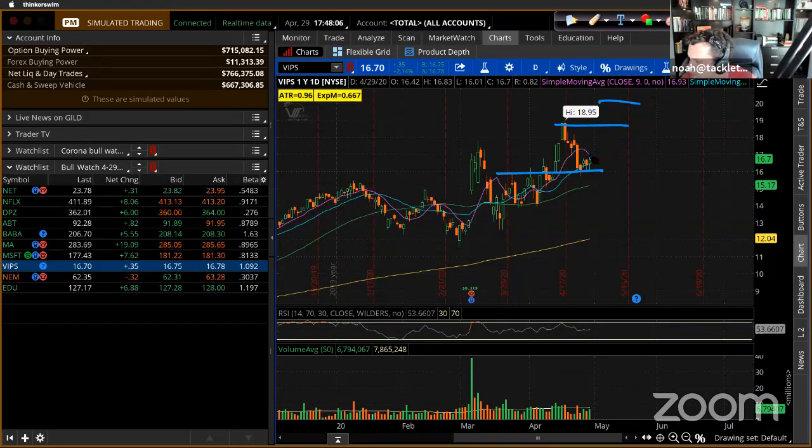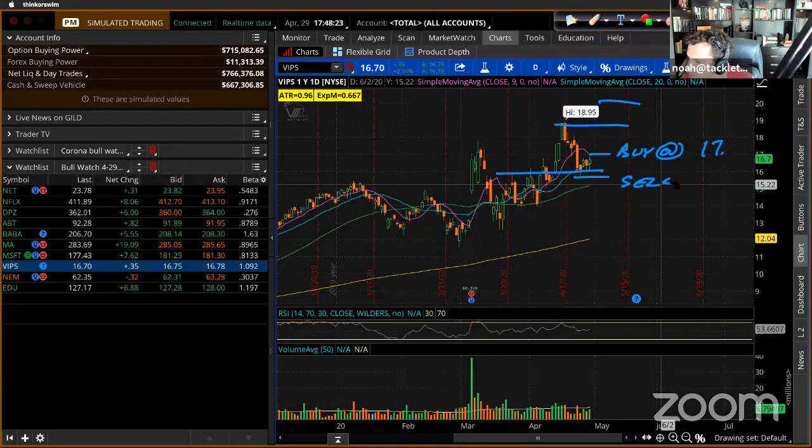So in this case, I think you could be a buyer at 17, buy above 17. We'll say at or greater than 17. I think you could do stop losses down below 16. So sell if it dips below 16.